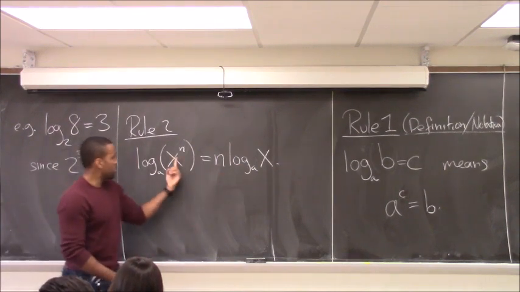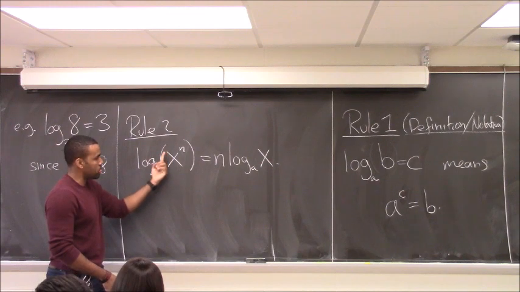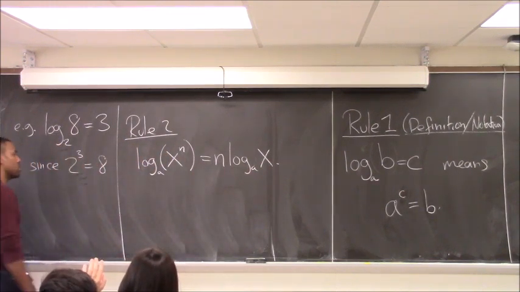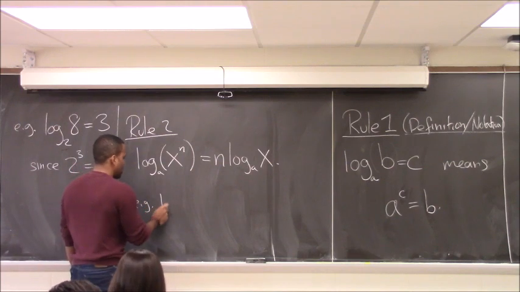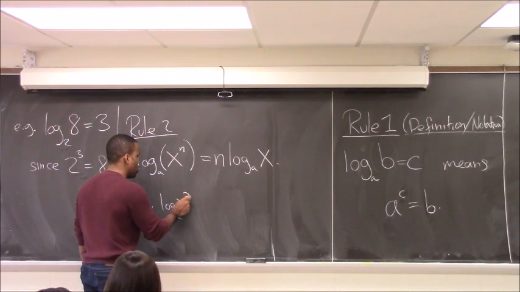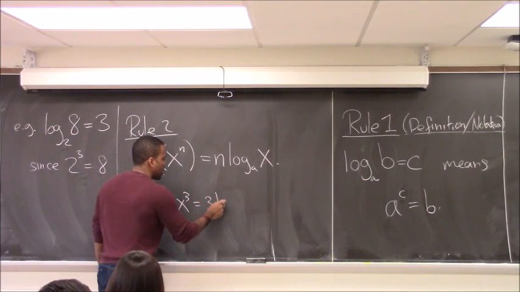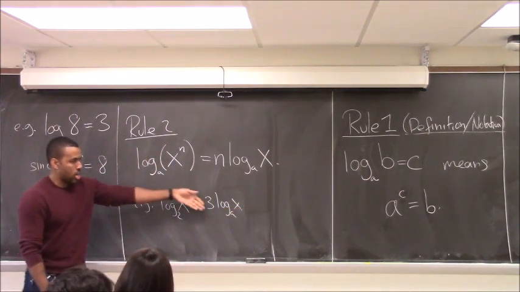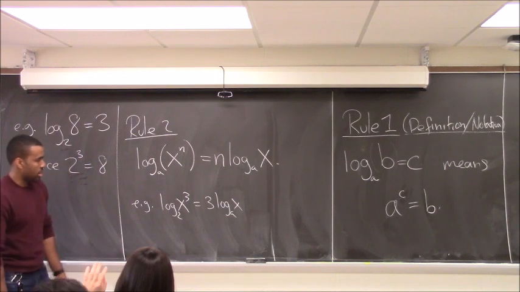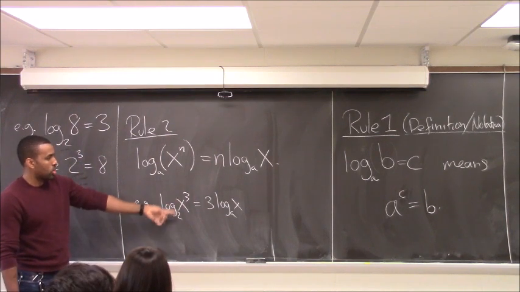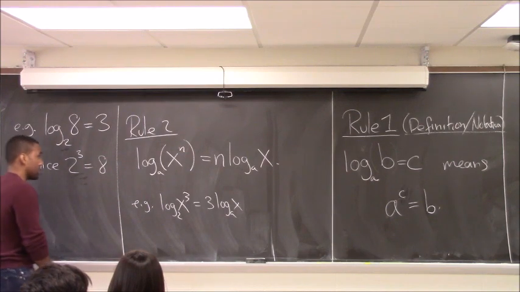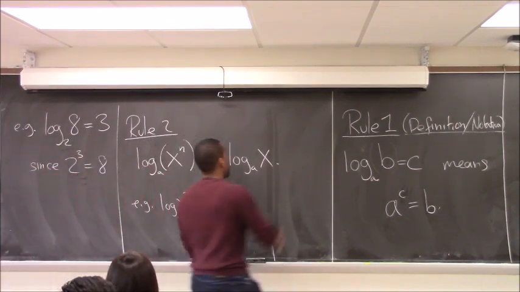So I can go from an exponential relationship to a multiplication relationship, and that makes your life a lot easier. So if I had log to the base 2 of x cubed, I can think of that as 3 log x, which I can think of as log x plus log x plus log x. Instead of thinking about something to a cubed power, I can think about adding something 3 times. That makes it a lot easier.